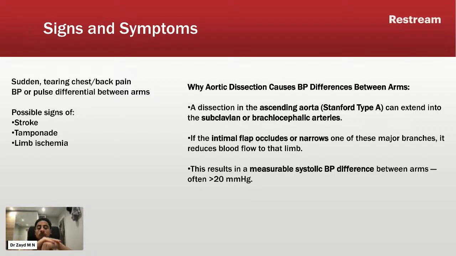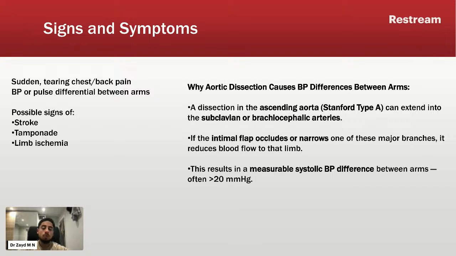Okay, why does it cause a difference in the blood pressure? Especially if there's a dissection in the ascending aorta, this can occlude the subclavian and the brachiocephalic arteries, which can narrow these major arteries and reduce blood pressure to that limb.